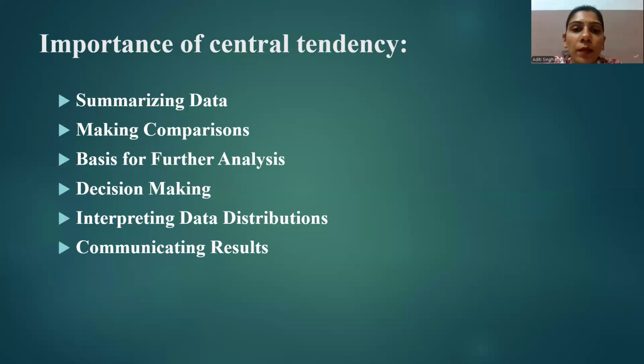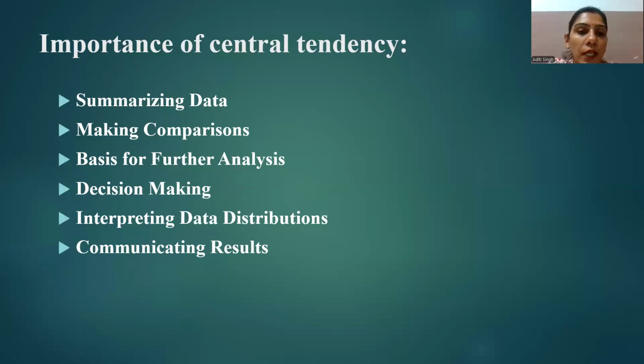For example, instead of looking at each individual test score in a class, you can use the average, or the mean score, to get a quick overview of how well the class performed overall. This is how central tendency helps in summarizing data.